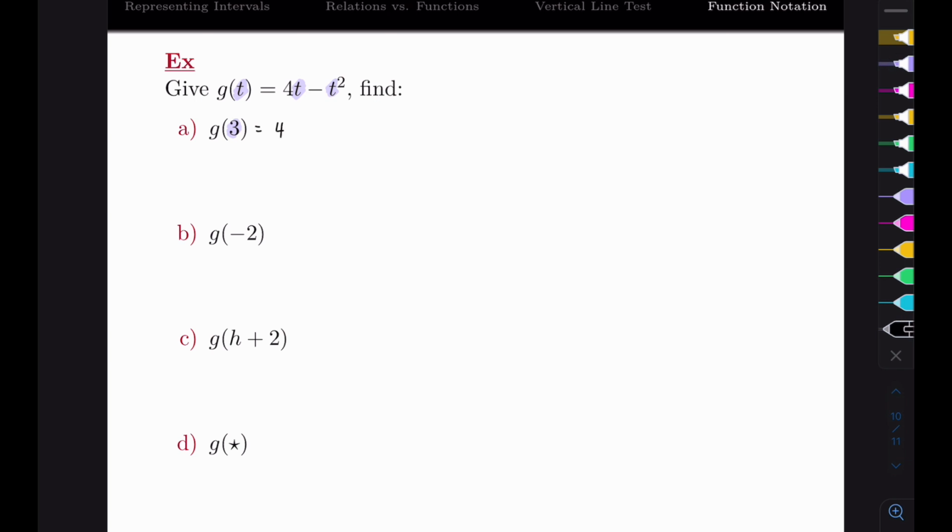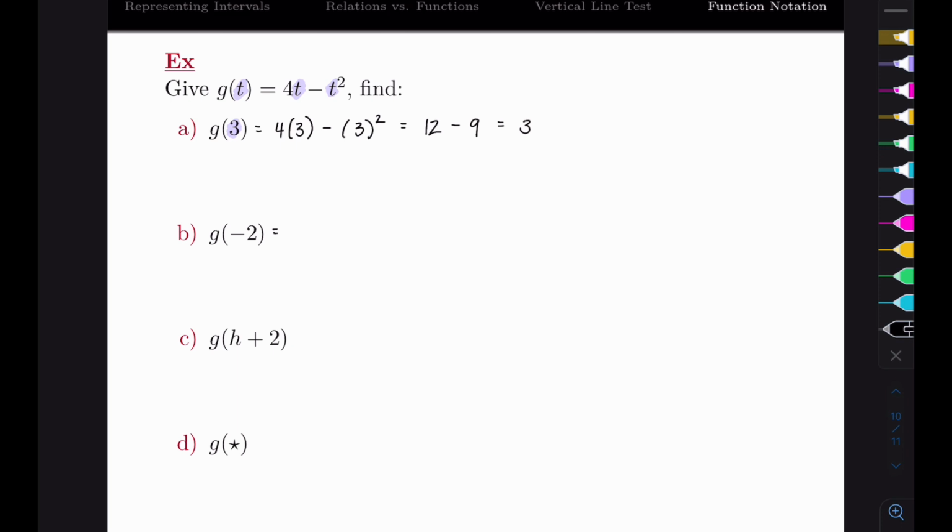So we get 4t, so 4 times 3, minus t squared. So I get 4 times the input minus the input squared. And then from here, we just got to actually do this. 4 times 3 is 12, and then 3 squared is 9. So if we take 12 minus 9, we end up with 3.